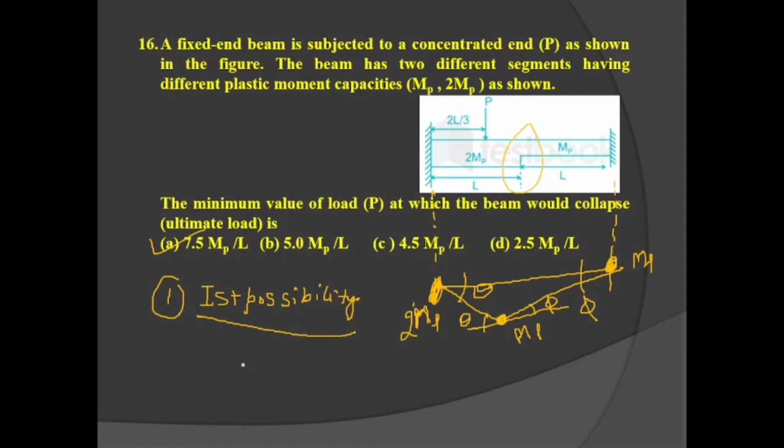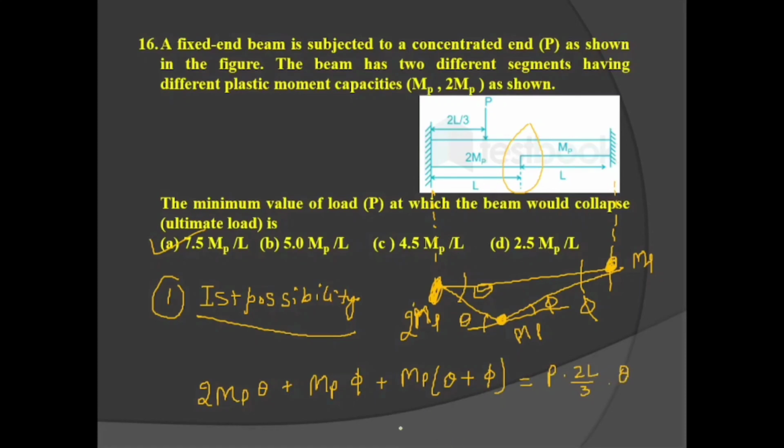So as per the principle of virtual work, my dear students, 2 MP theta plus MP into phi plus MP into (theta plus phi) is equal to P into 2L by 3 into theta.